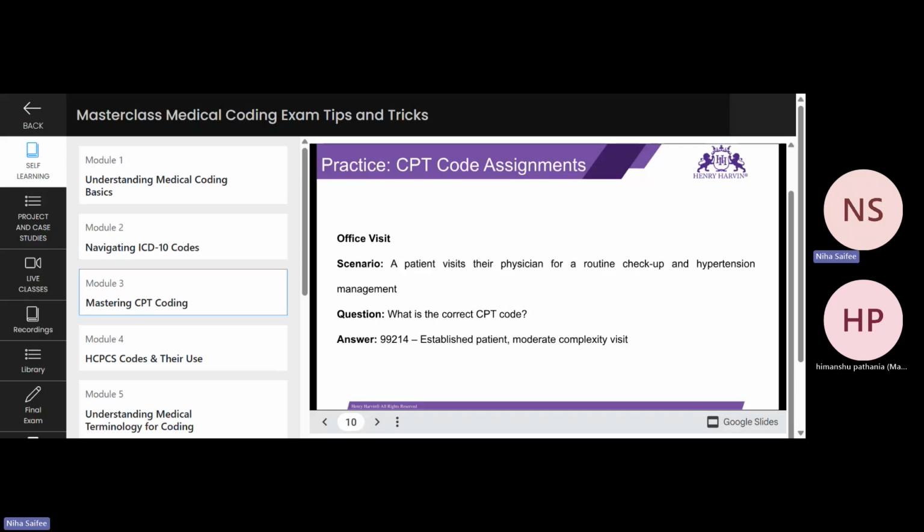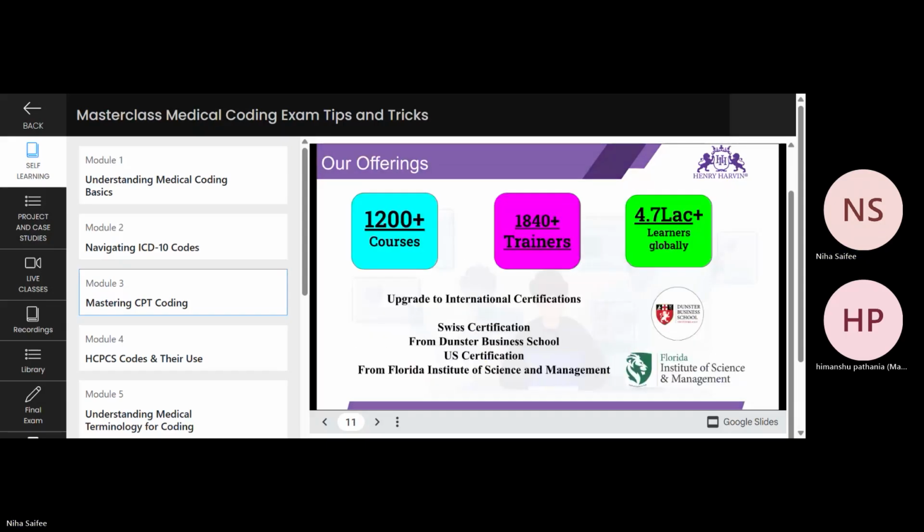A new patient or a new visit is when the patient is coming the first time. An established patient is already my patient and he comes for regular follow-ups. And moderate complexity because of hypertension management.